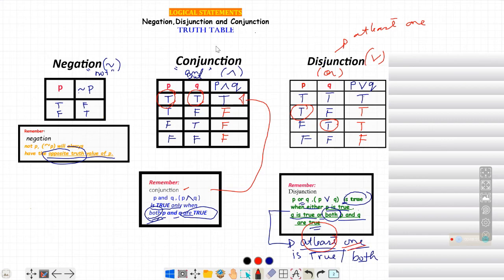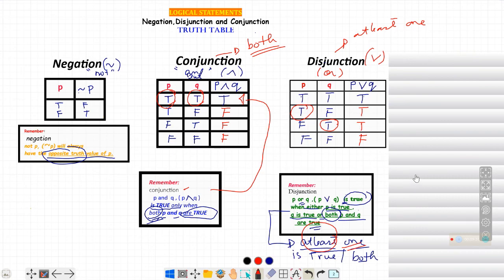But for conjunction, it should be both, both P and Q. Here, it can be P or Q or both P and Q. So don't forget the difference between conjunction and disjunction when finding the truth value of P and Q.